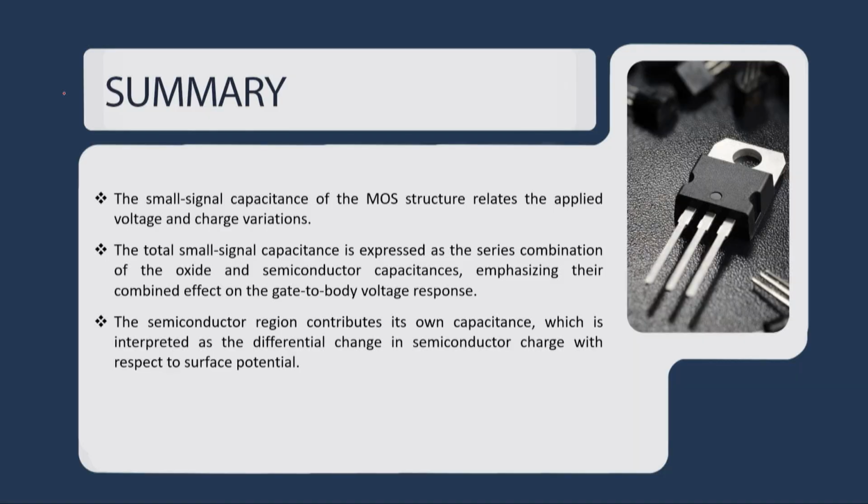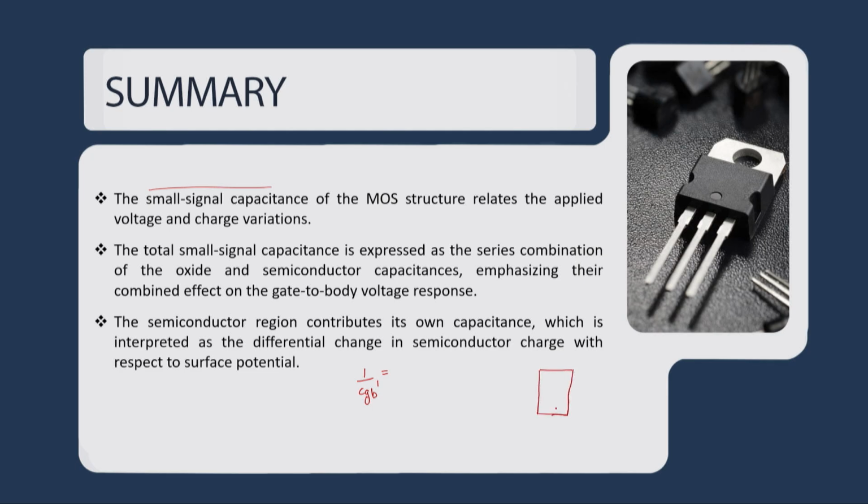So, let me summarize. We have seen that the MOS capacitor can be formed by a layered structure, which is a metal oxide semiconductor structure. The small signal capacitance can be given by the change in gate charge with respect to the change in gate to body voltage.